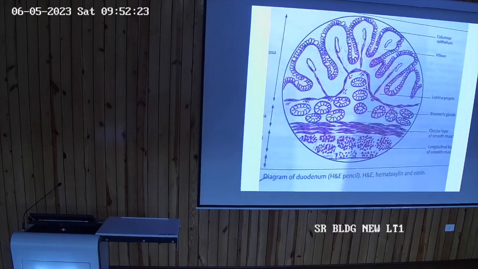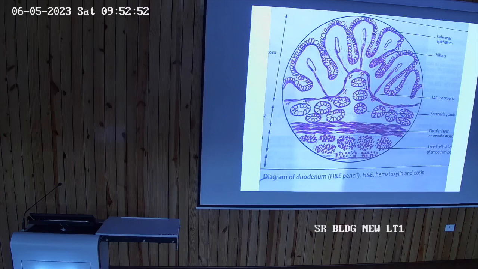Now look at this slide. The columnar epithelium you have seen, and villi. Beside this, the epithelium is showing finger-like projections, and these finger-like projections are called the villi.